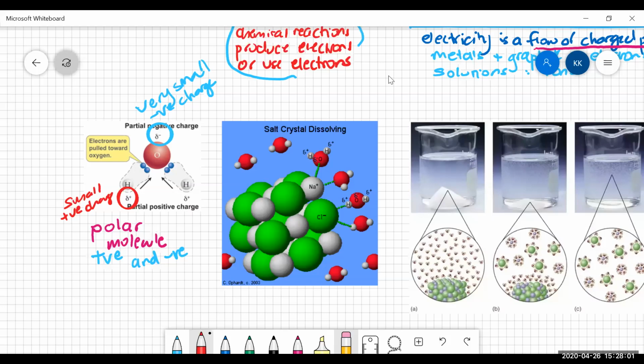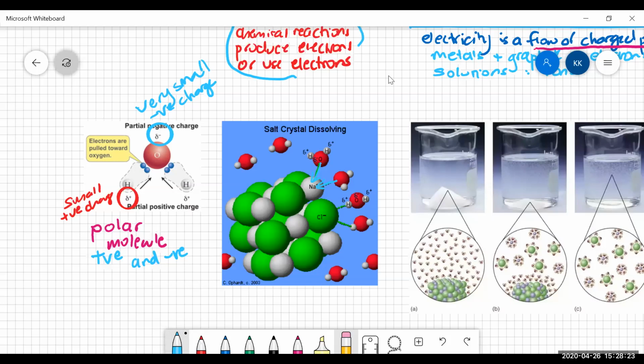Now, the effect of those charges, if you put some salt in water, is that the negative ends of the water molecule are going to be attracted to the positive ions in the lattice. And of course, you've got millions and millions of water molecules if you're dissolving something in water.